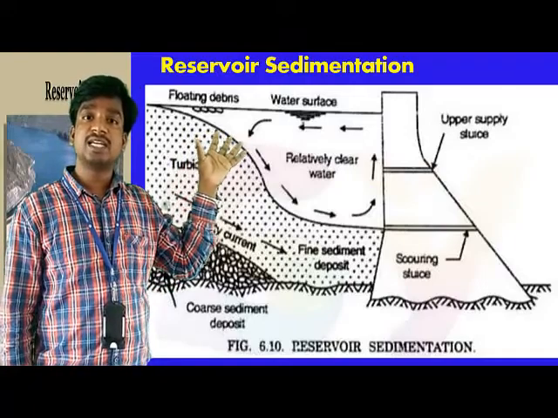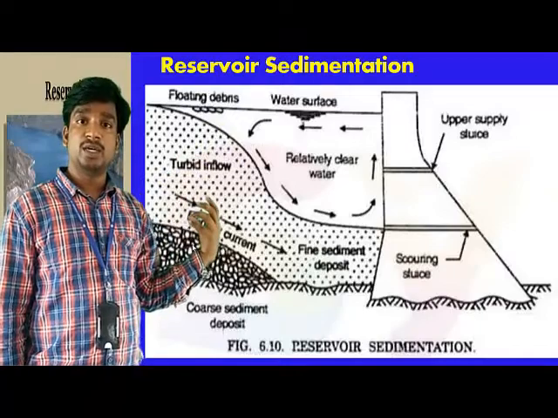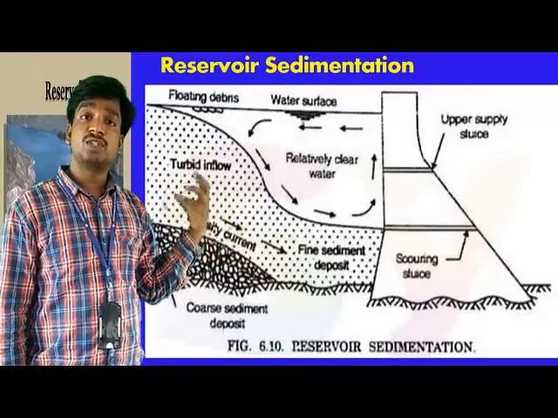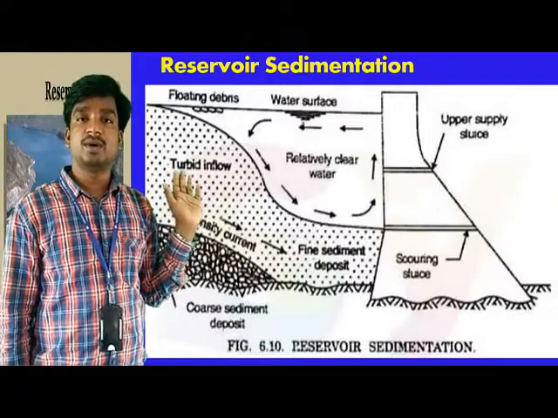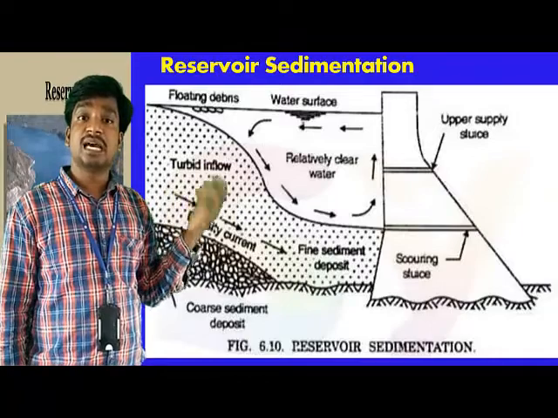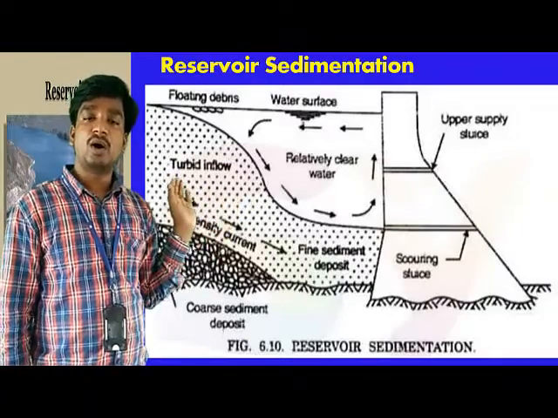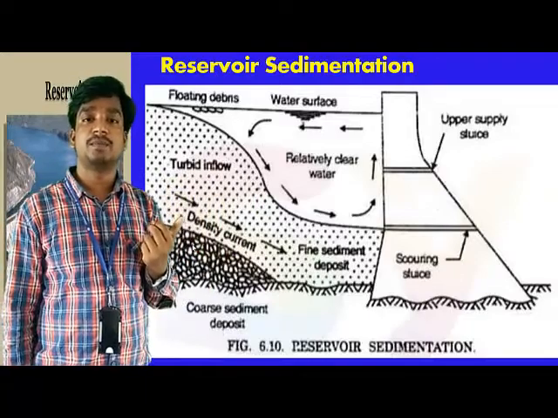Because of its fineness, it is suspended in the water itself, whereas the bed load deposition means coarse deposition. That coarse deposition will be carried along the bed of the reservoir. Because of the heaviness of the particles, they will be dragged on the bed of the reservoir.